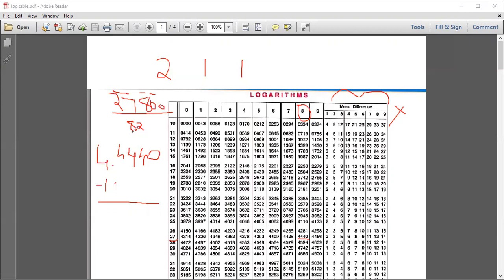Now children, listen to me very carefully. For logarithm, I told you, you require a minimum of 4 numbers. In this case, there are only 2 numbers available, that is 82. There's no number forward. So how will you look up 82 now? No worries.